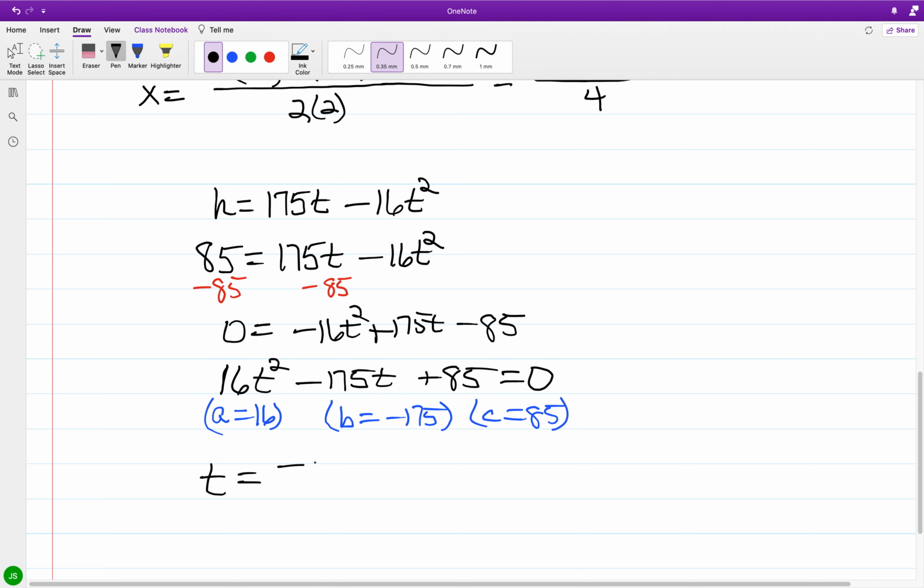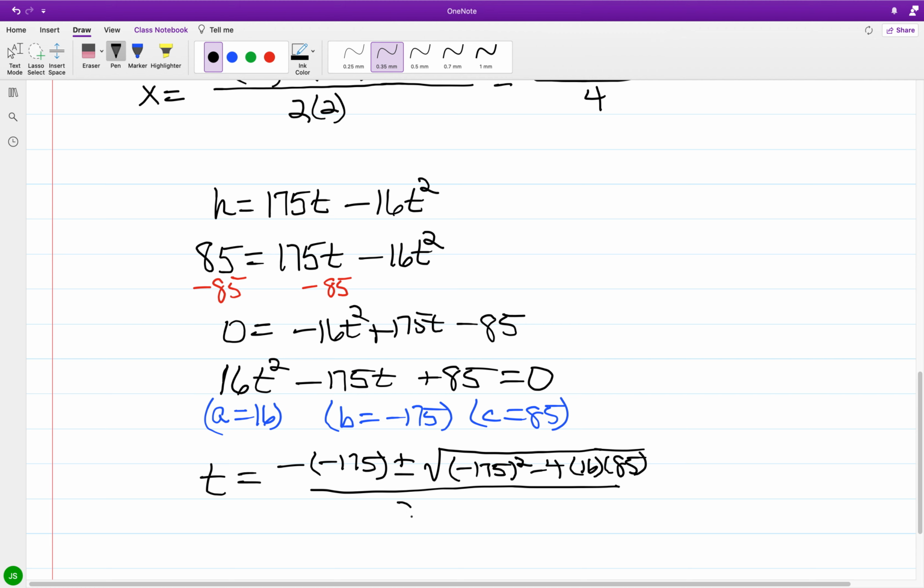So we have negative b, which is the opposite sign of negative 175, plus or minus the square root of b squared minus 4ac. So we have negative 175 squared minus 4 times 16 times 85, all over 2a, which is 2 times 16.